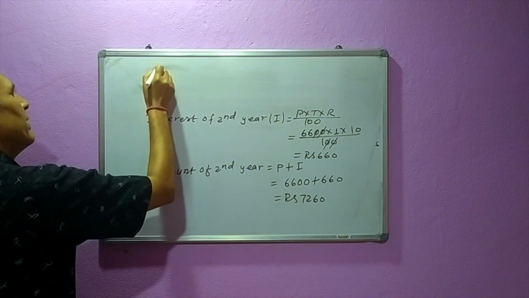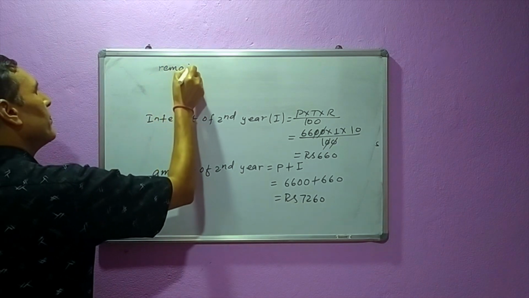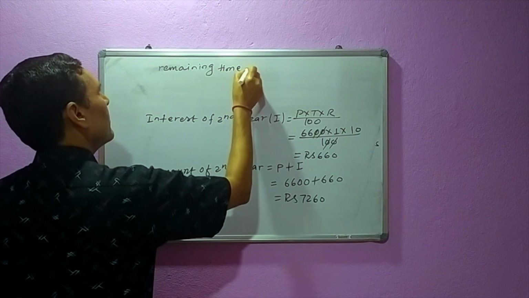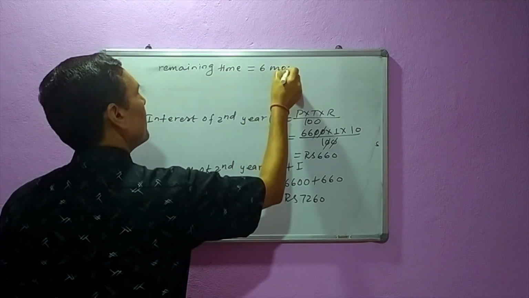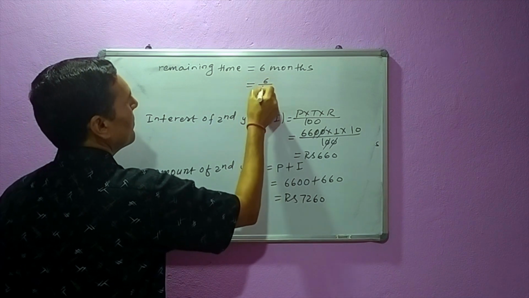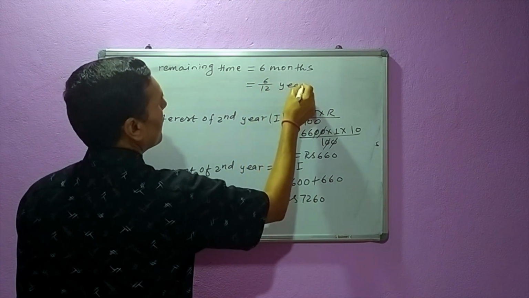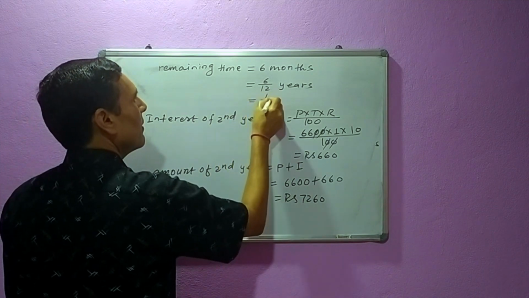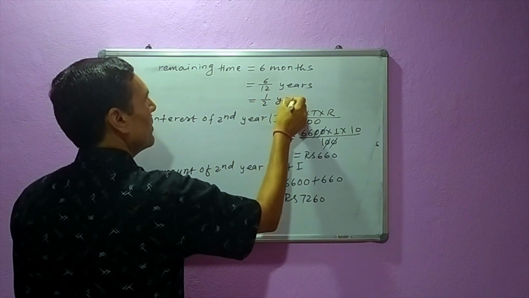So we have the remaining time equal to 6 months. Six upon 12 years, that means 1 upon 2, half year.